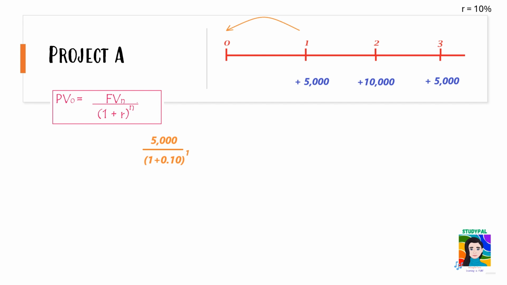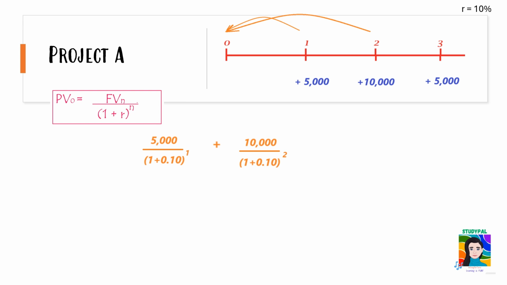Then we will have to discount the cash inflow of 10,000 as well, the 10,000 cash inflow that's occurring at the end of year 2. But this time we will have to discount it by 2 years. So plus 10,000 divided by 1 plus 0.1 to the power 2 because we are discounting it by 2 years.